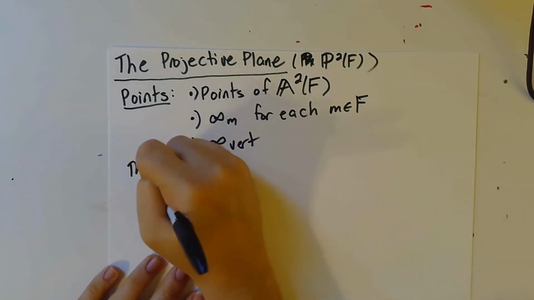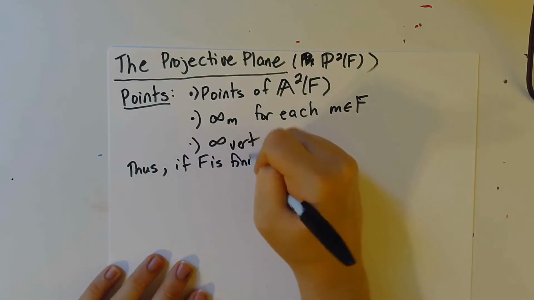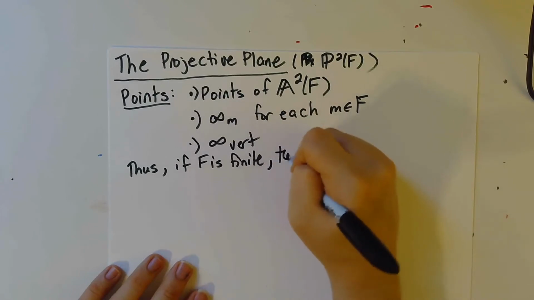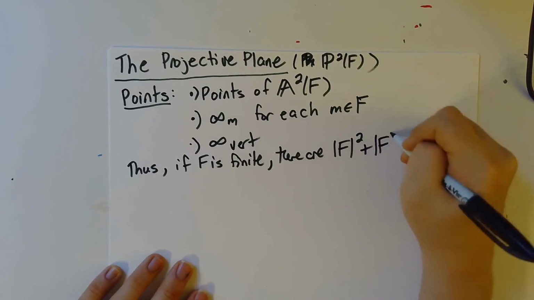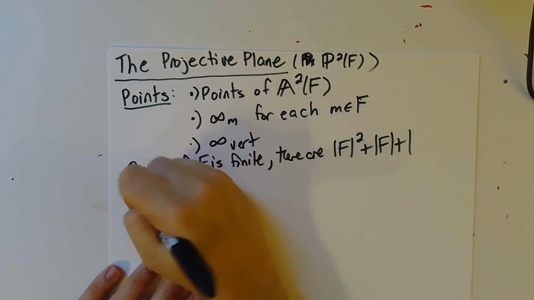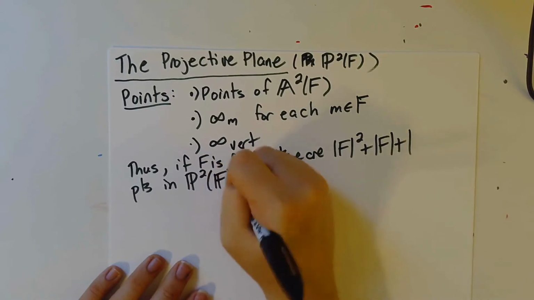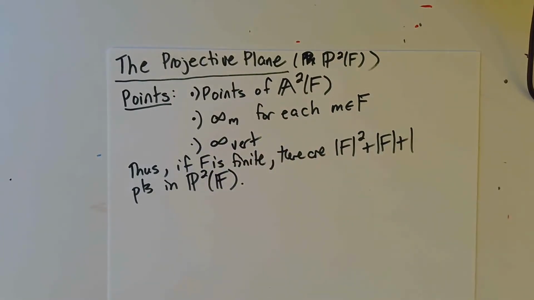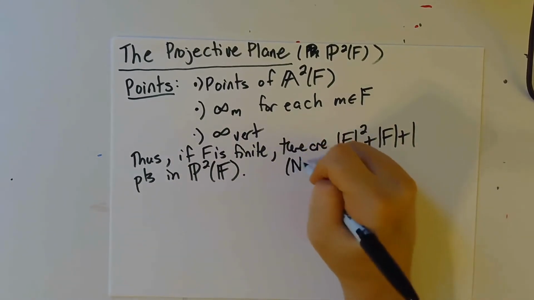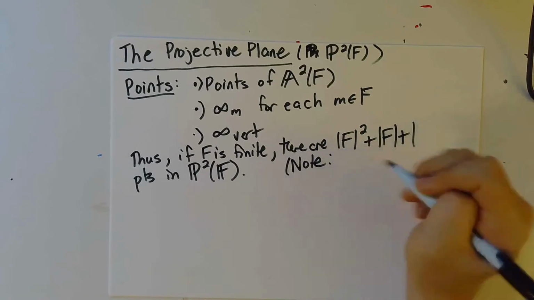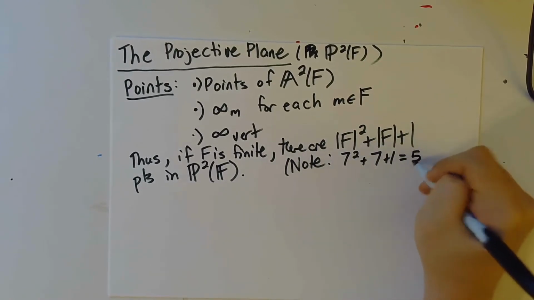So thus, if F is finite, there are size of F squared plus size of F plus 1 points in P2 of F. Note conveniently that if the size of F is 7, 7 squared plus 7 plus 1 is 57.